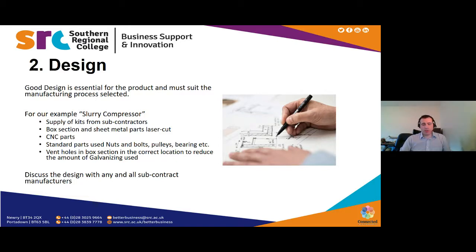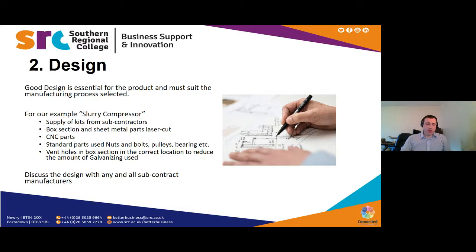I touched on dealing with the galvanizers as a subcontractor as well, although it's sometimes forgotten about in the process, but there's an important thing I want to mention. We were able to actually speak to the galvanizers. We were able to incorporate some of his vent holes into the design, so it meant that the galvanizing material could flow into the box section and flow out of the box section at the right level.